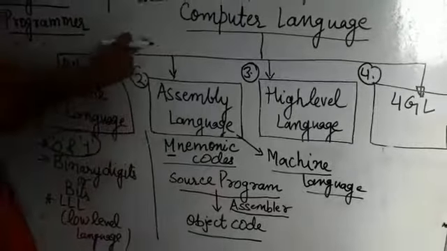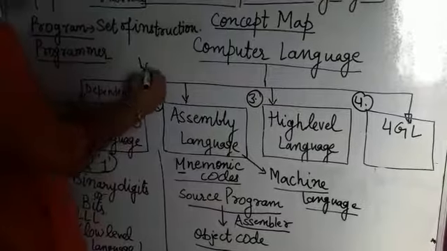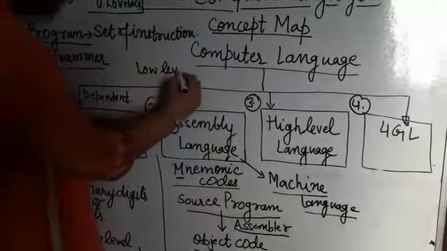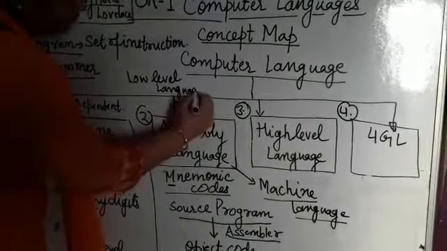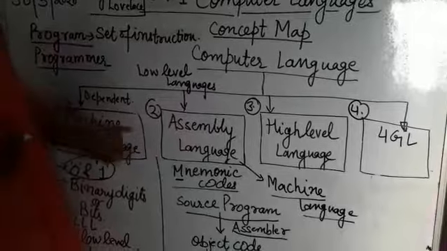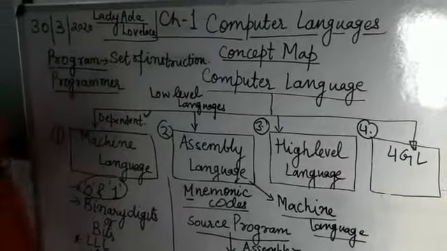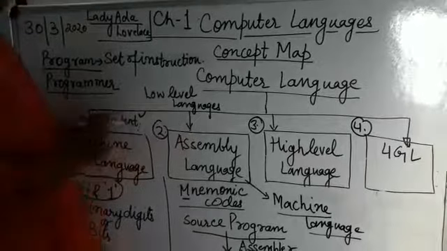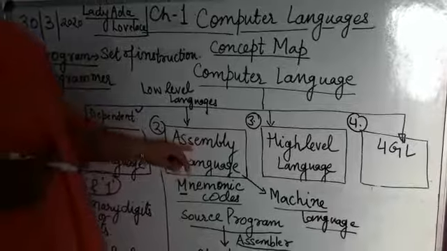Okay, both these generations, machine language and assembly language, belong to low level languages. And they are both machine dependent. Machine dependent means the programs once written cannot be transferred to another machine.